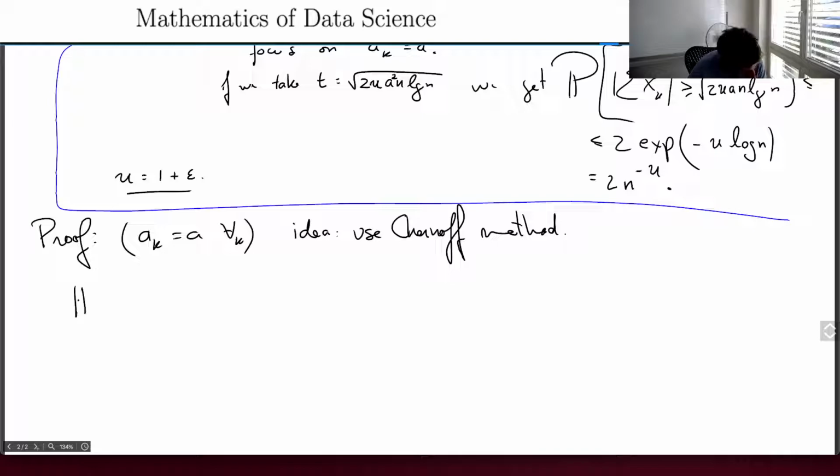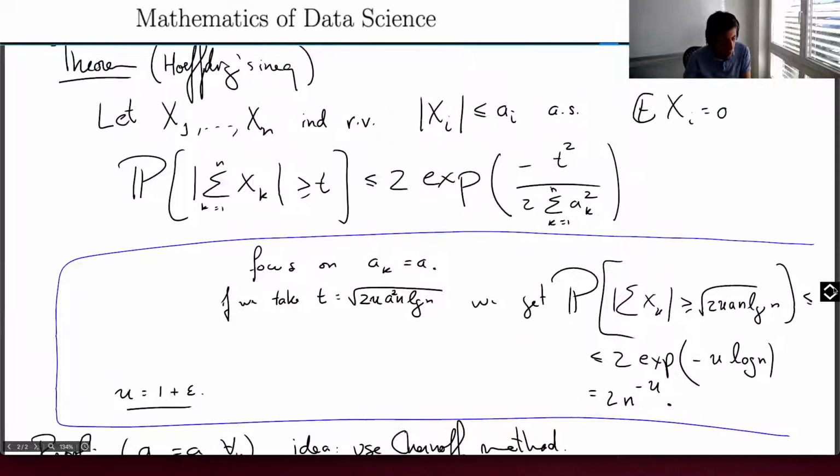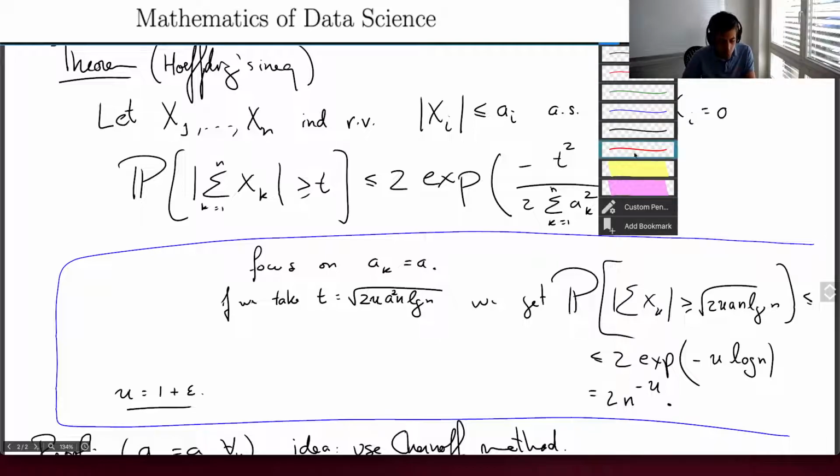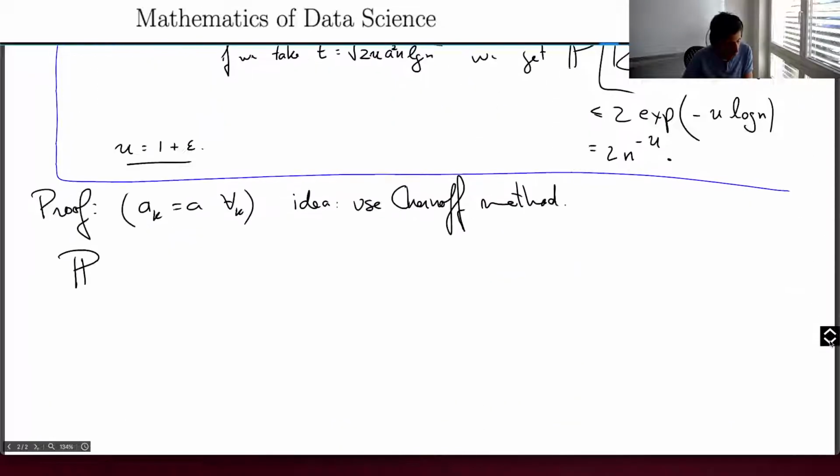What we're going to do is understand the probability of the sum being too big. Then we could do the same thing for minus x_k and understand the probability that the sum is too negative, and then we just union bound for both, and that's how we would get this 2. So we're going to prove just the bound on one side and get the exponential without the 2.